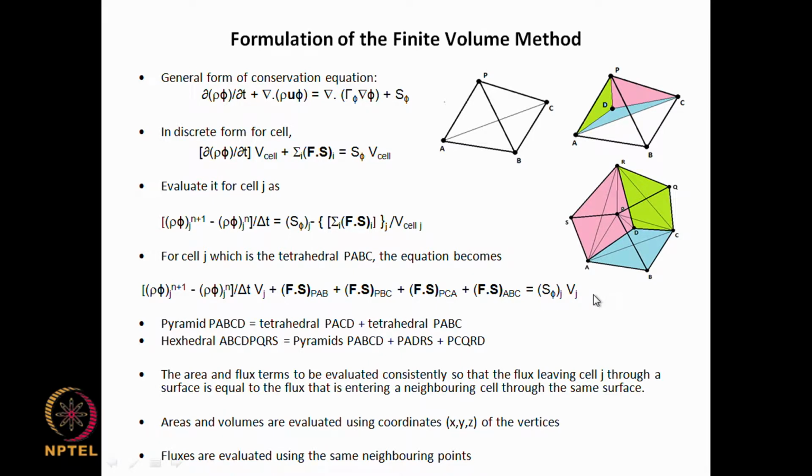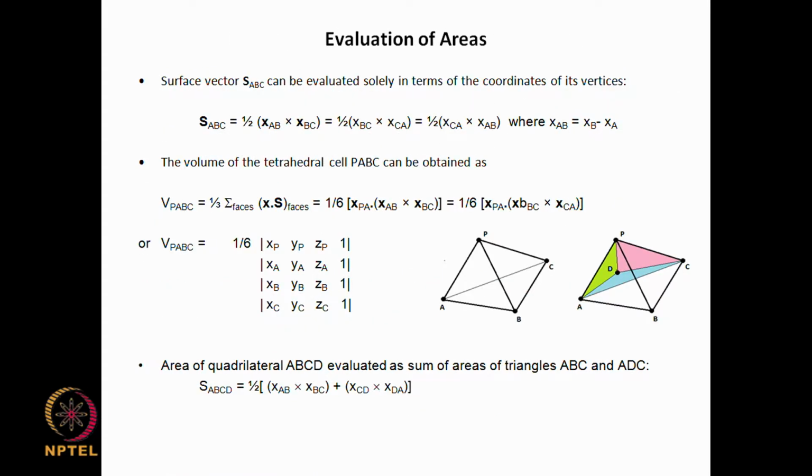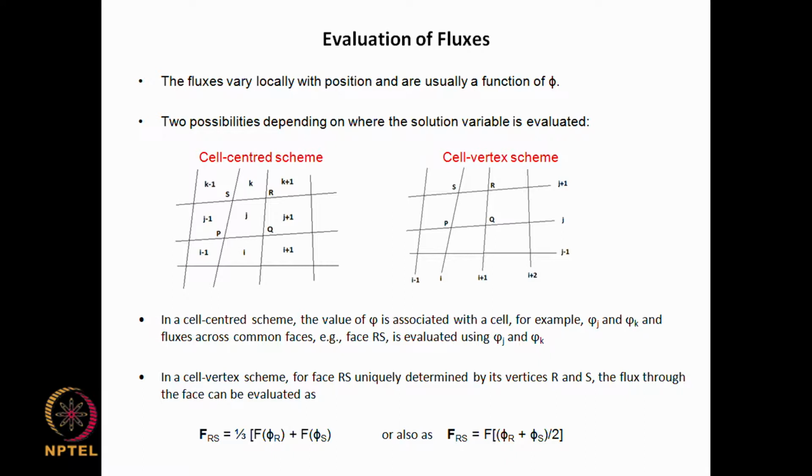And we made the point that we need to divide the control volume into small cells, and we need to find the volumes and the areas, and we saw how the volumes and areas could be determined from the coordinates of the vertices, and we also looked at evaluation of fluxes and how these could be evaluated consistently from the values of the cells which we are trying to determine.